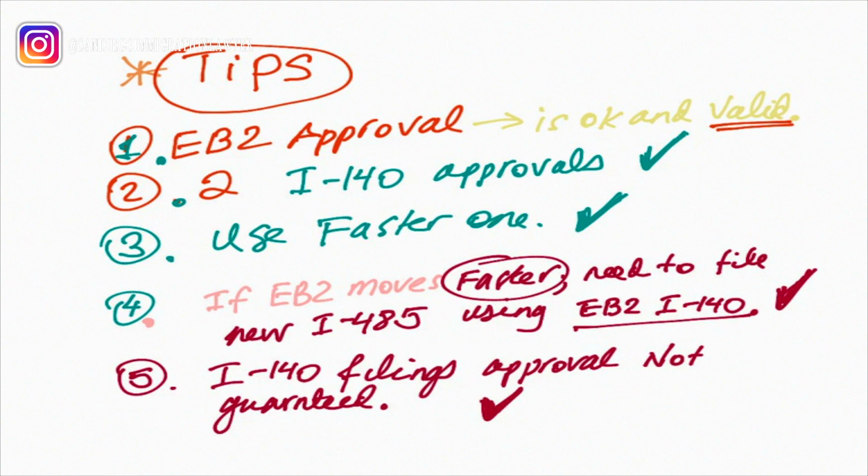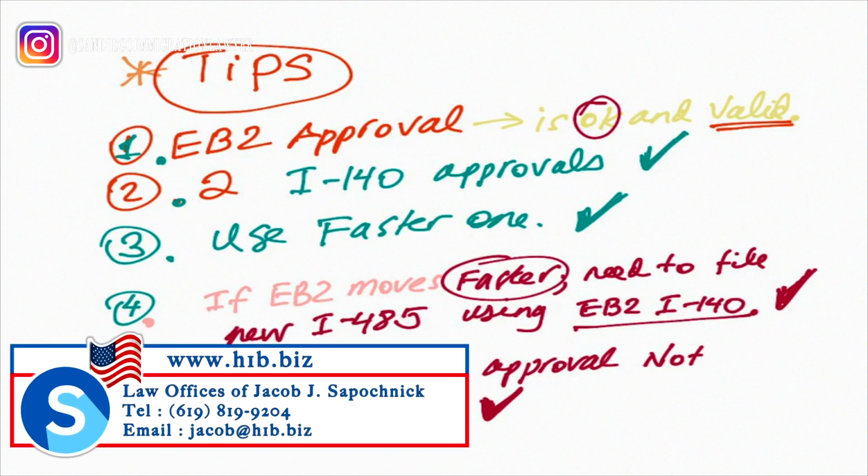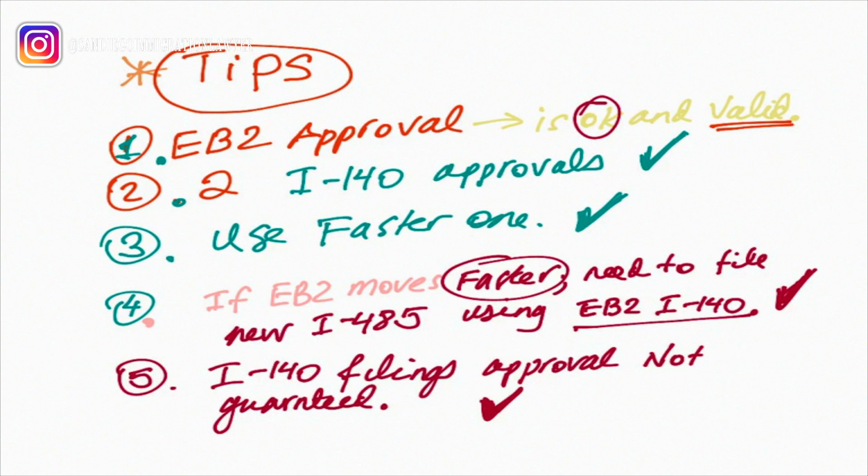Let's talk about a few other things. Now that you downgraded, what's going to happen to your EB2 approval? Well, that EB2 approval is going to stay valid. It's all good, and you can just use it later in the future if needed. Also, remember that the first I-140 from your EB2 and the second I-140 both remain out there.